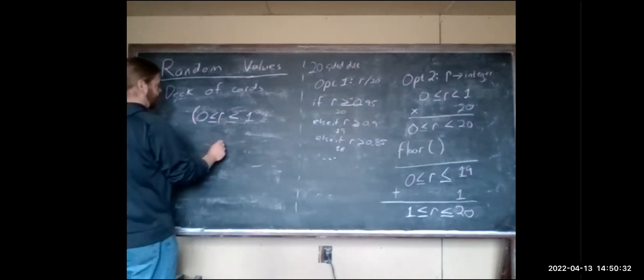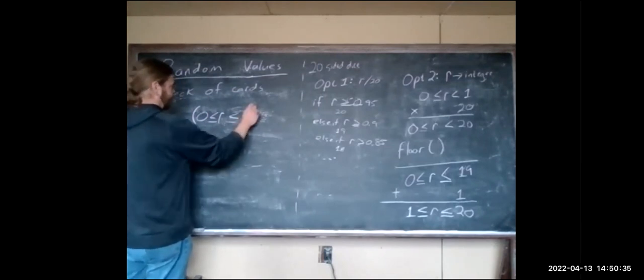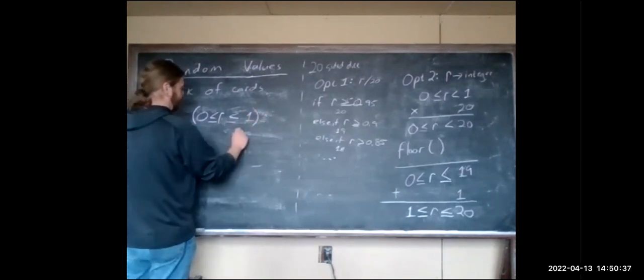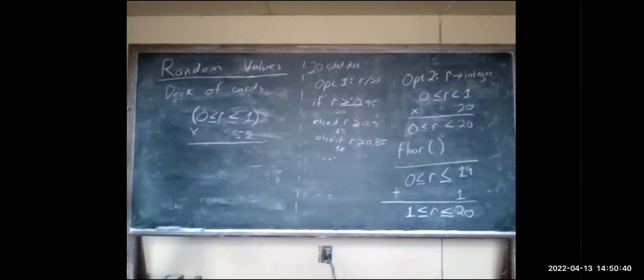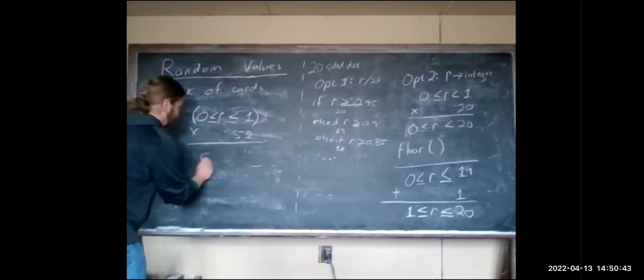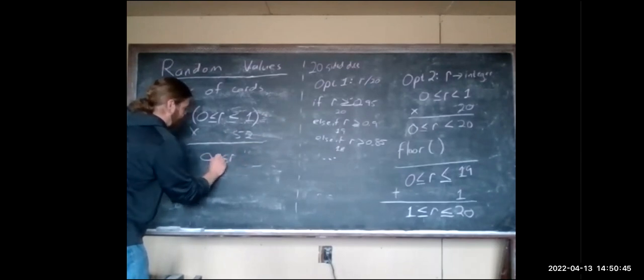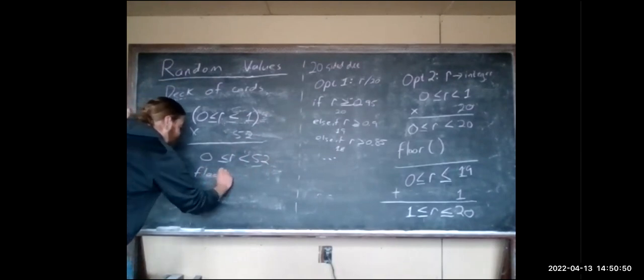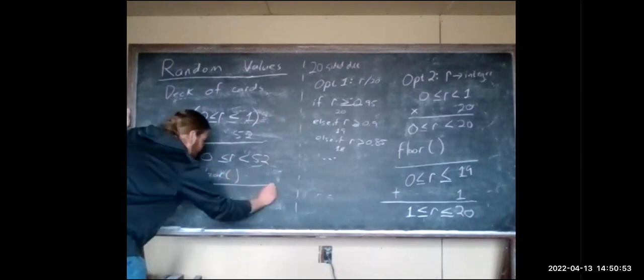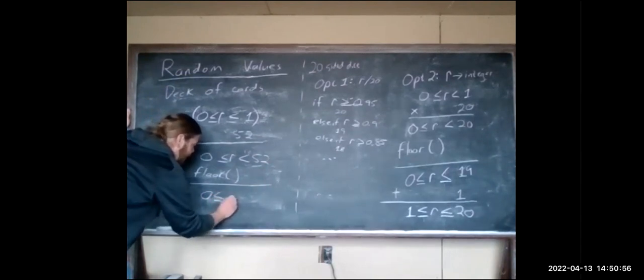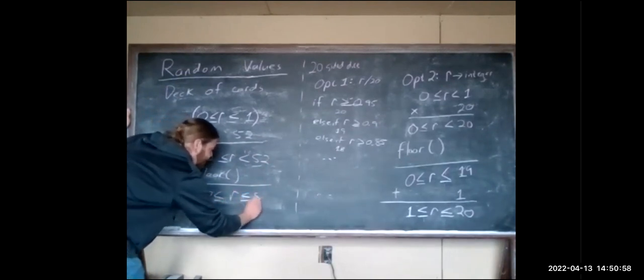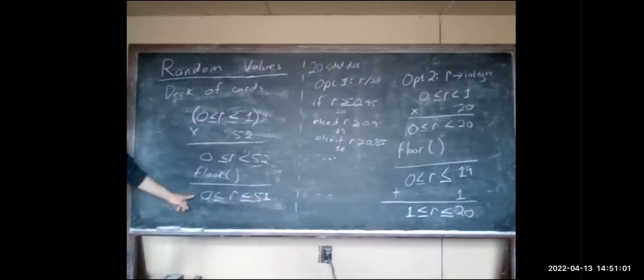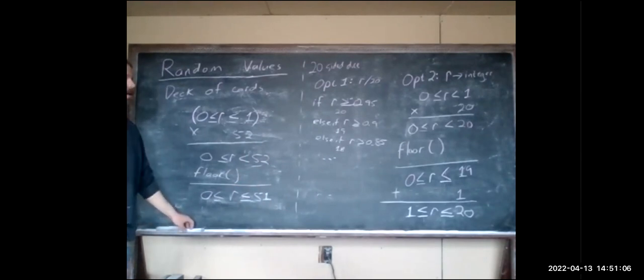And then we'll multiply that by 52. Gets us a random number between 0 and 52. And then if we floor that number, we get a random number between 0 and 51, or 52 values that we can then use to find our card.